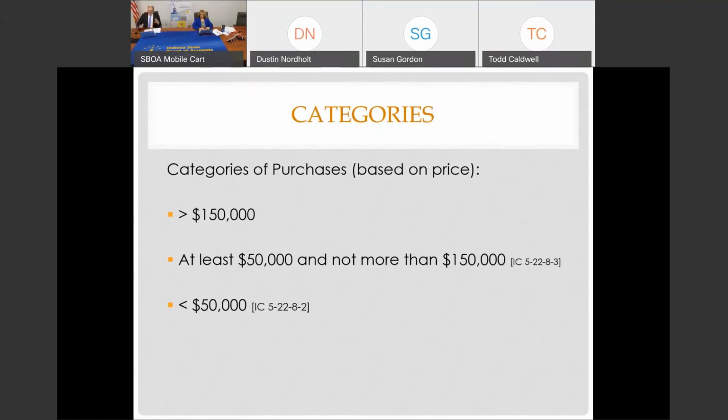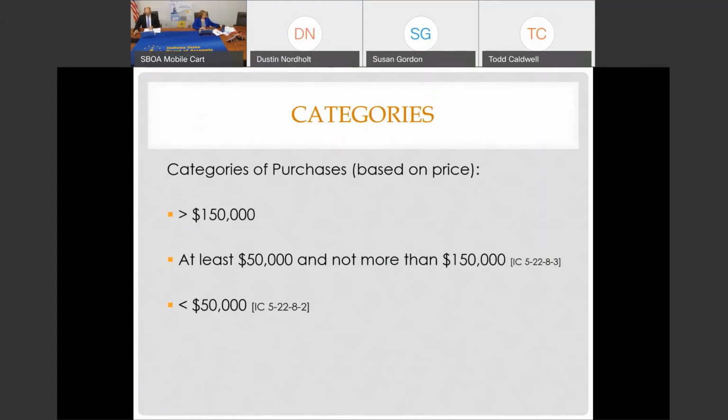So that's a lot of legal mumbo jumbo. You probably want to know how this is going to affect your city or town and your day-to-day routine. So basically, when you're doing these types of purchases, you're looking at three categories. Those where the purchase price is greater than $150,000. Those where the purchase price is at least $50,000, but not more than $150,000, and you can find that in IC 5-22-8-3.